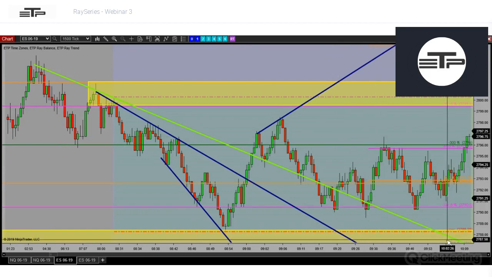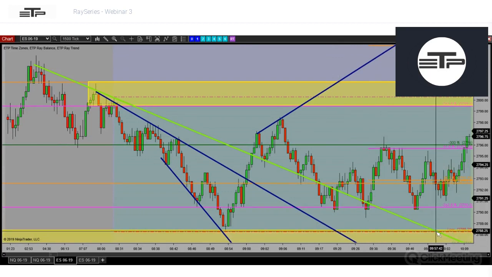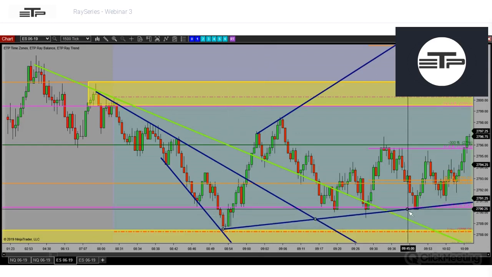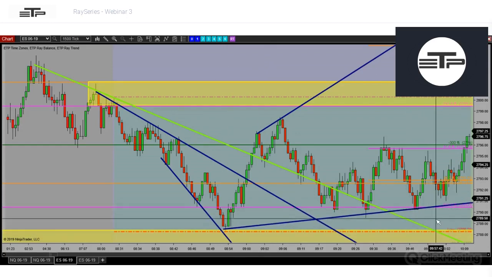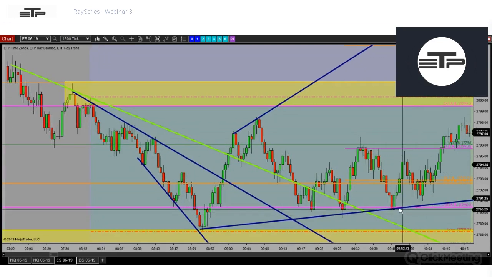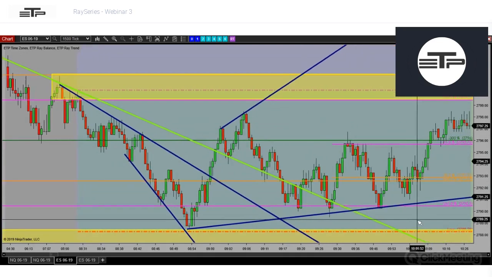Unfortunately, price didn't come back to this level to give us a turning point, but we'll keep going through it and try to spot potential turning points in the market.